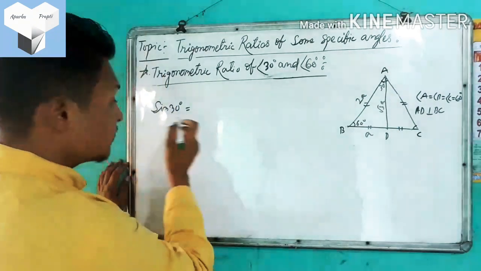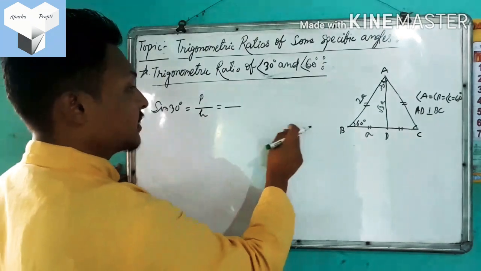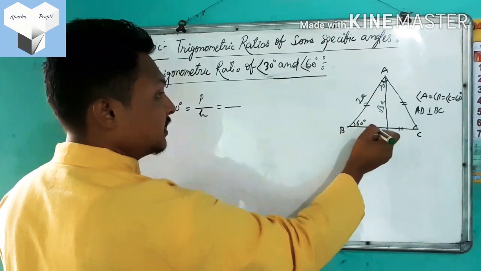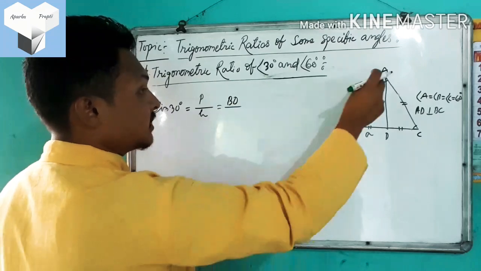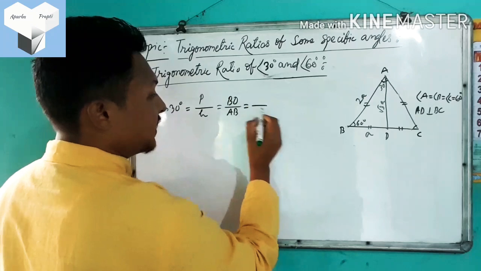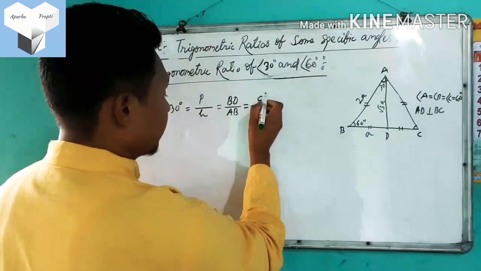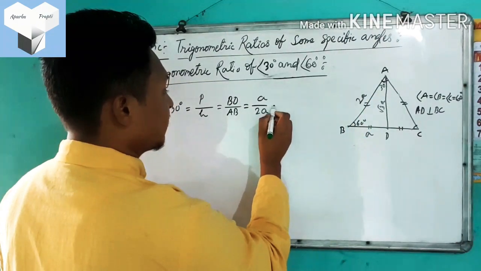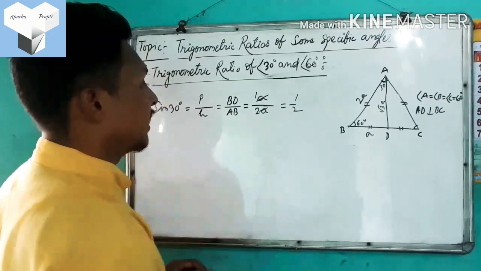Now sine 30 degrees is always P by H, that is perpendicular by hypotenuse. With respect to this angle, BD is the perpendicular, and the hypotenuse is AB. BD measures A, and AB measures twice A. Here A cancels, that is 1 by 2.